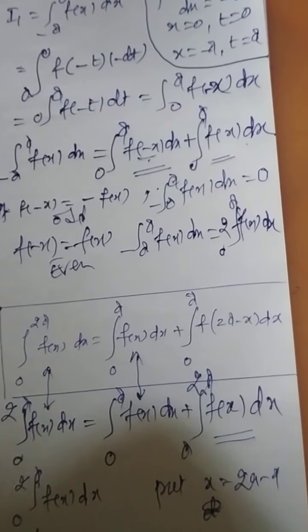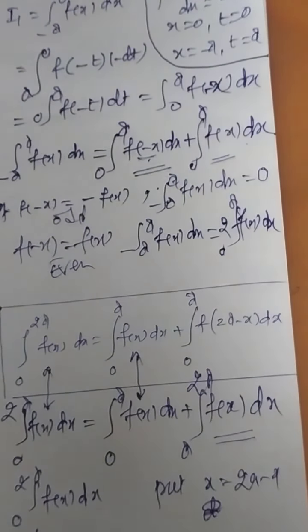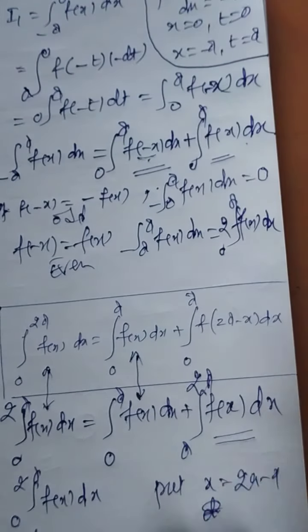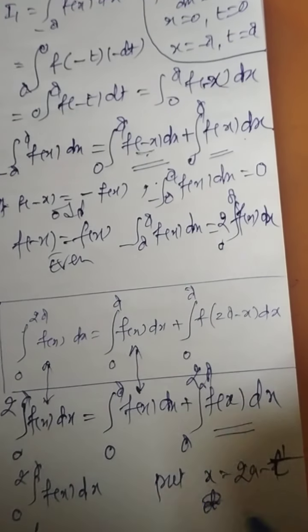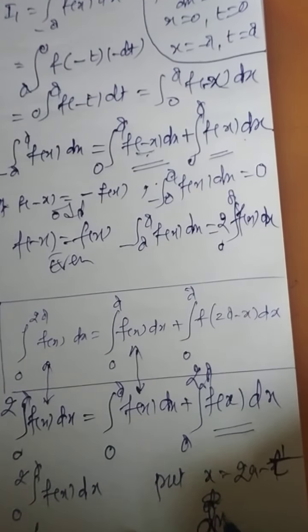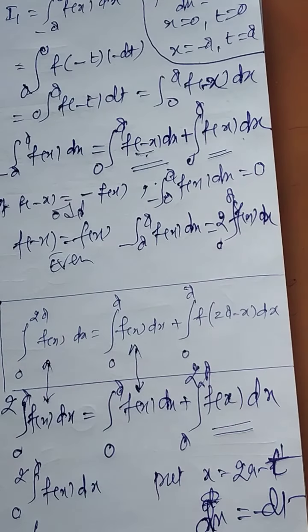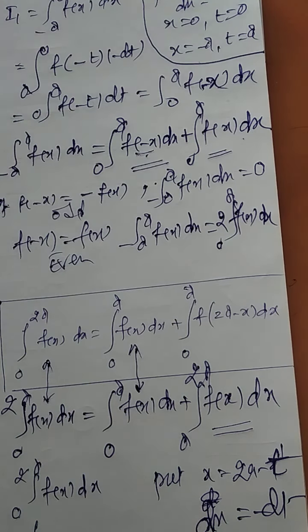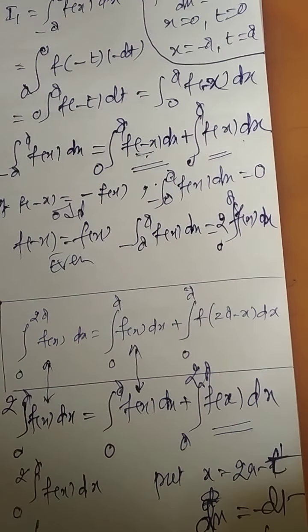If you make that change, x equals 2a minus t, then dx will be minus dt. If x is equal to 2a, then t will be 0.